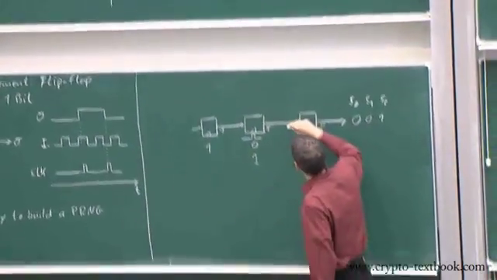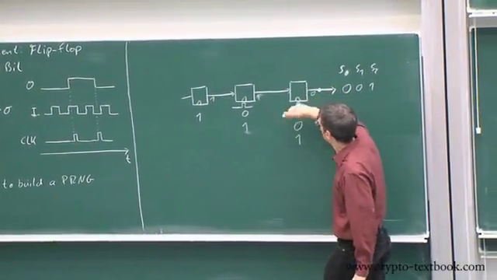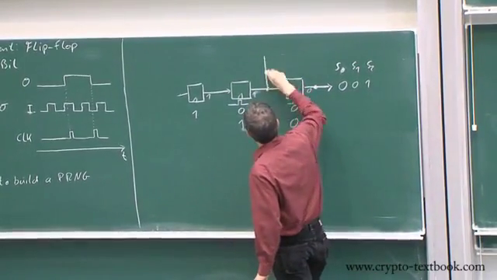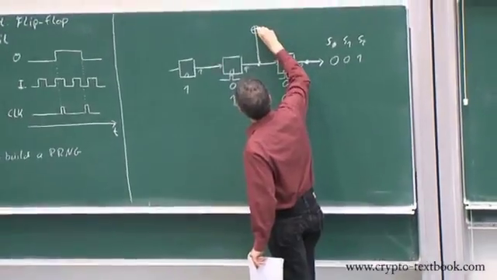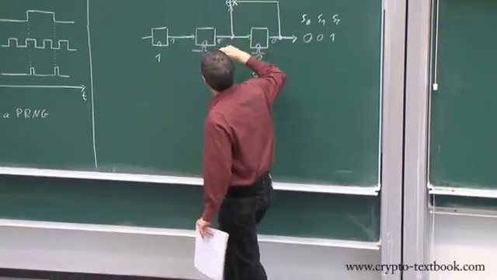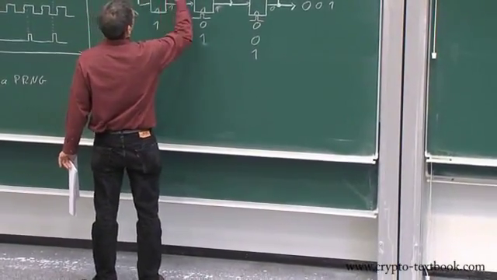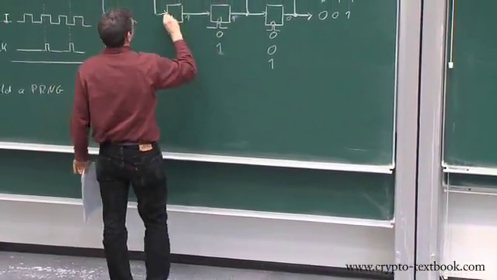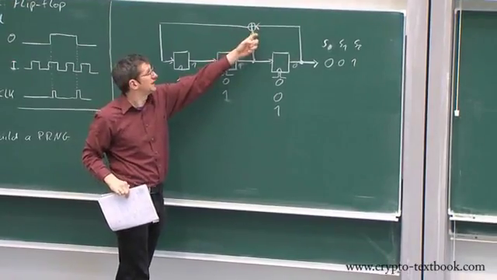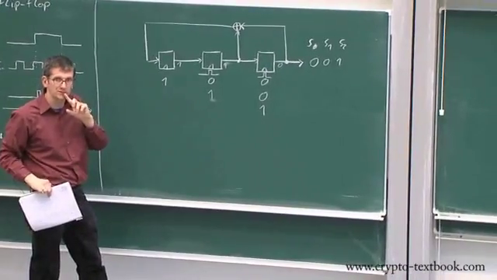One possibility is that you take the output of the first flip-flop and the output of the middle flip-flop, you XOR them together, and the result of this modulo 2 addition, or the result of the XOR, becomes the fresh input here. Okay? Very important principle.